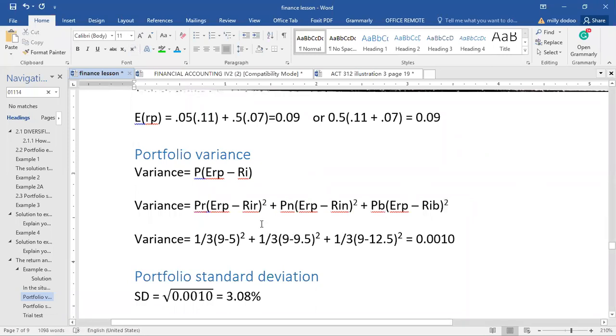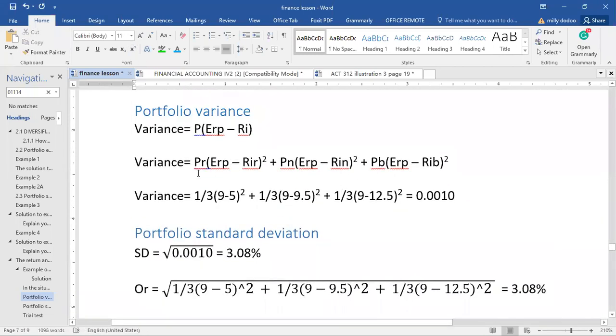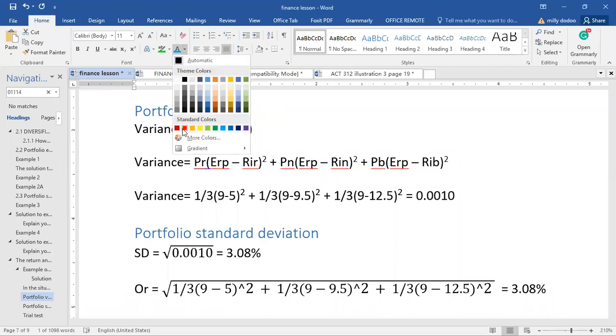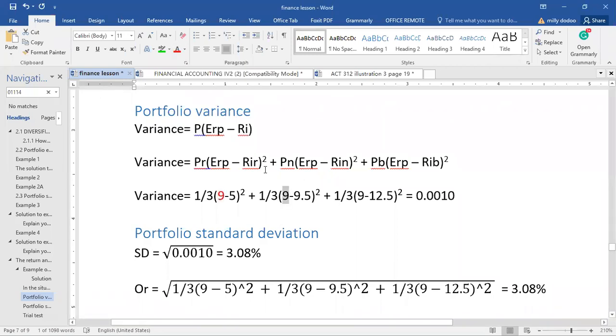Good. So I know my probabilities to be 1/3. Portfolio expected return I had was 9%. So you can see that this particular 9% will run through everything that we are doing here. This particular 9% is running through everything over here, and same as the formula over here.